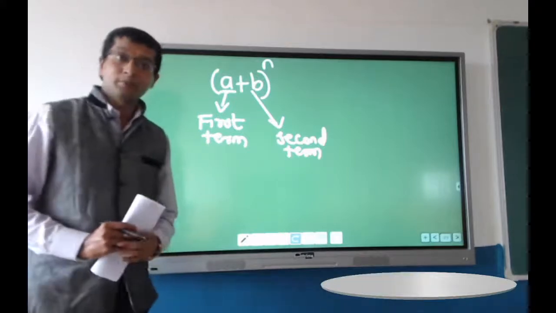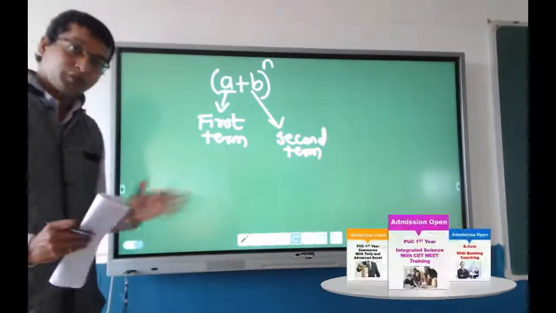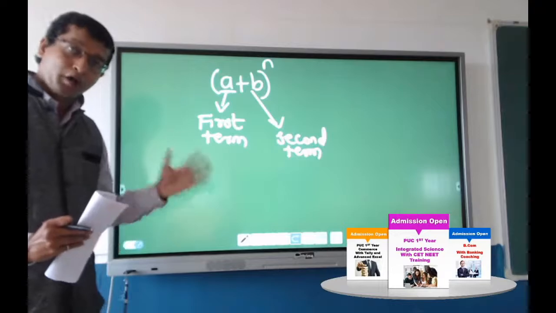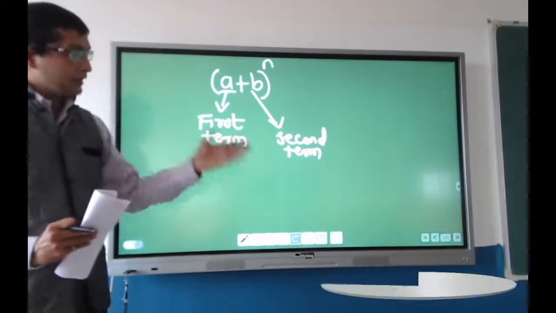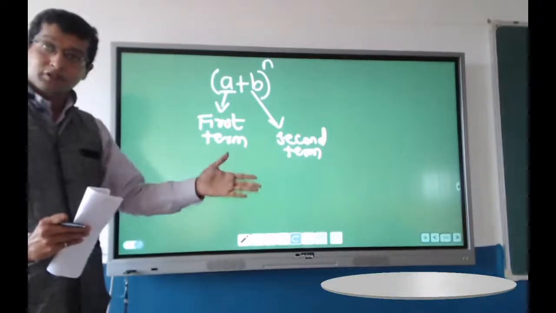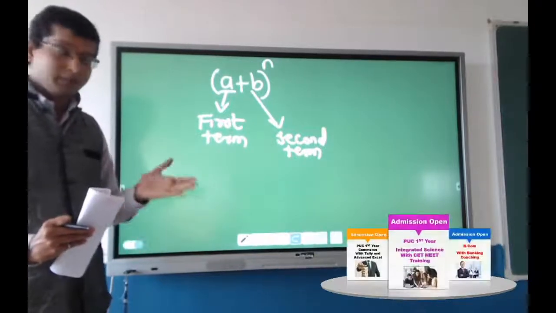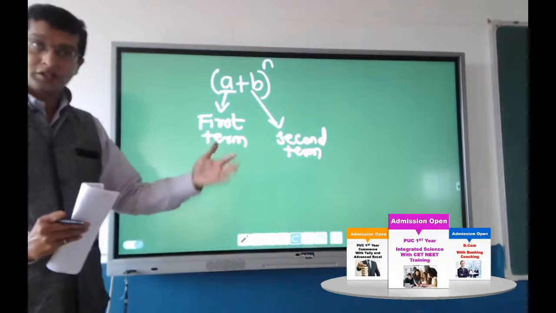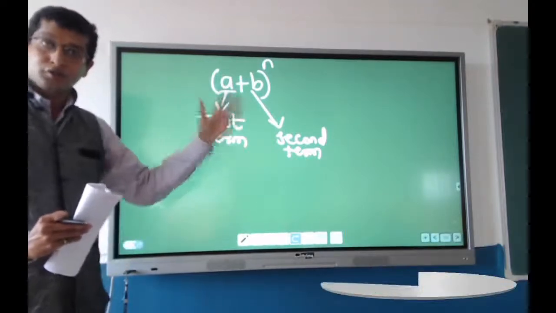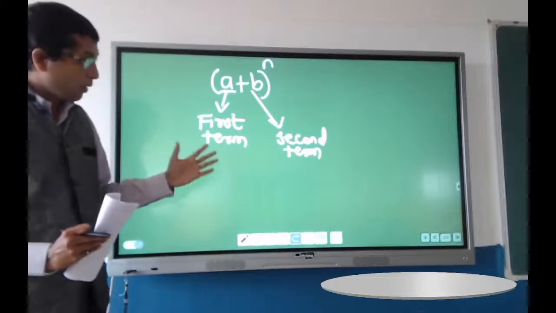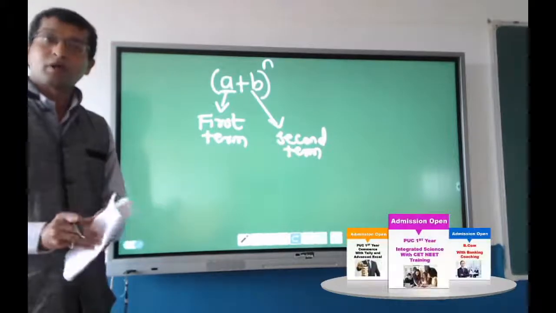This is about the binomial theorem. So using a simple trick, you have understood how to write the expansion for (a plus b) square, (a plus b) raised to 3, and so on. Similarly (a minus b) square, (a minus b) whole raised to 3, and so on. All these are very important concepts.